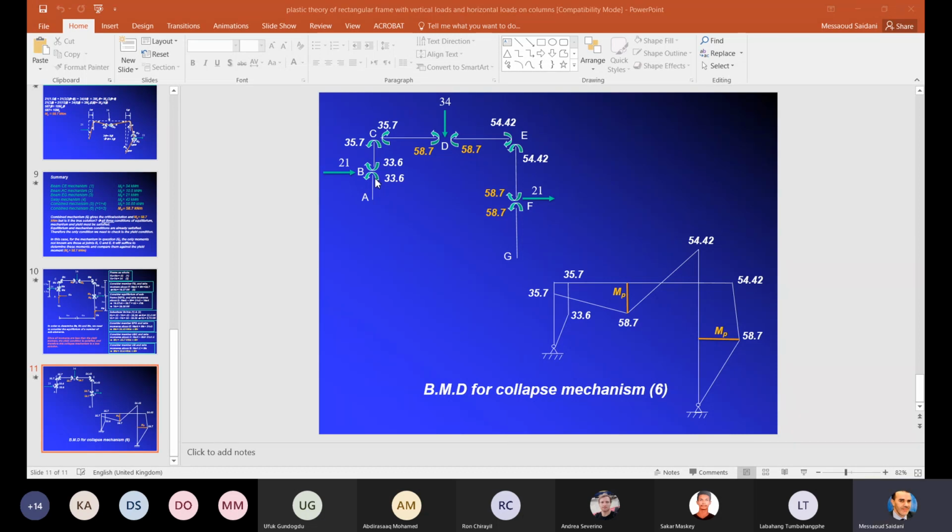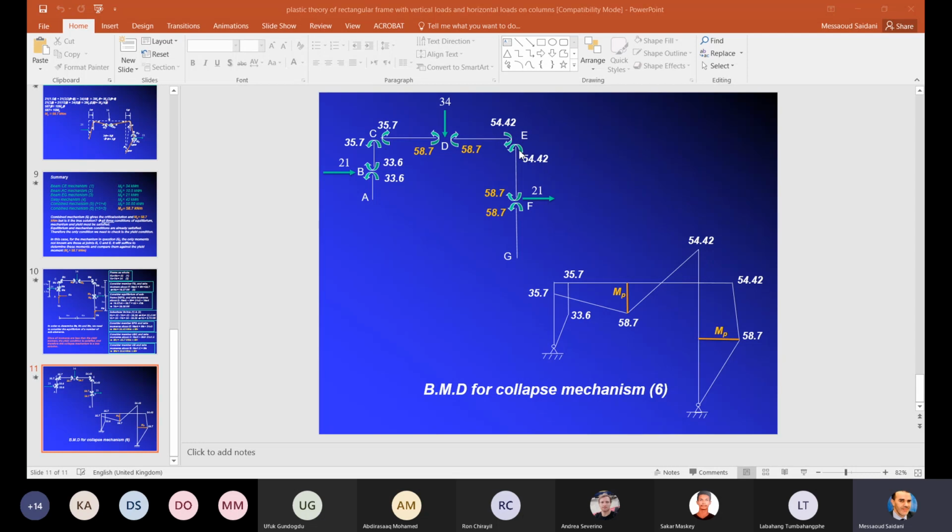Yeah. Okay. So again, here you've got tension on this side, on the inner side, and then you've got tension there, tension at the bottom here for C, and then we have tension at the bottom at D and tension there as well. For E, we have tension at the top, so you can see here the moment is at the top.